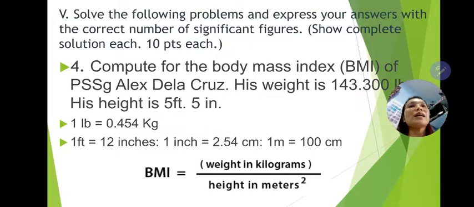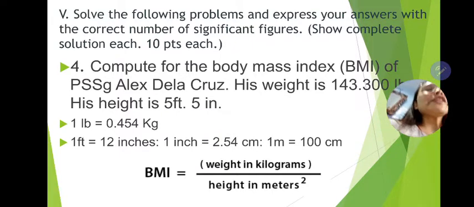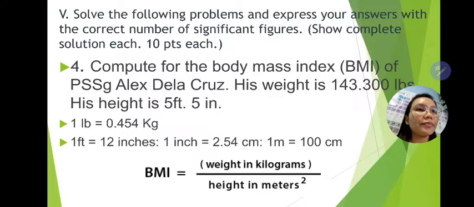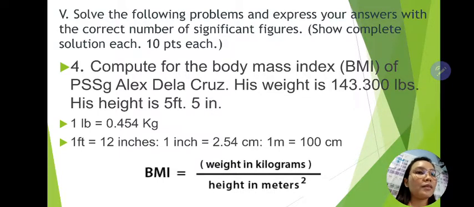So, another one is to compute for the body mass index of PSSG Alex de la Cruz given his weight in pounds, which is 143 pounds. His height is 5 feet 5 inches.